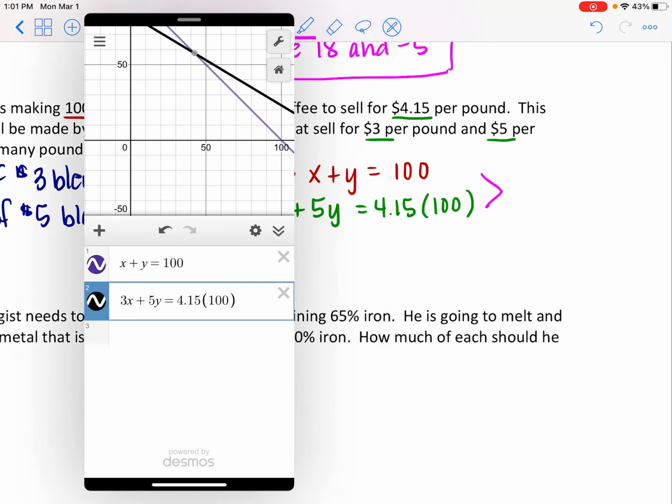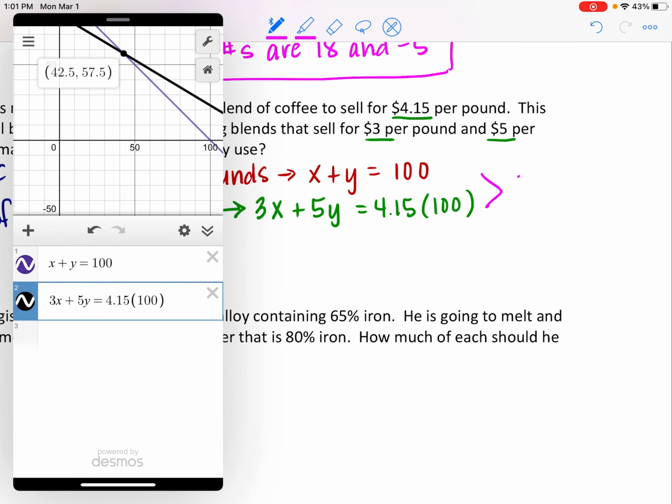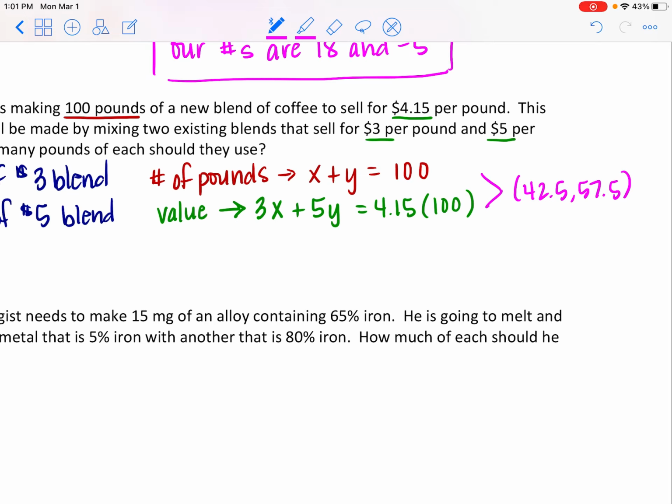And that tells us we are 42.5, 57.5, and that is exactly how many pounds of each we need to use. So we're going to do 42.5 pounds of $3 blend and 57.5 pounds of the $5 blend.